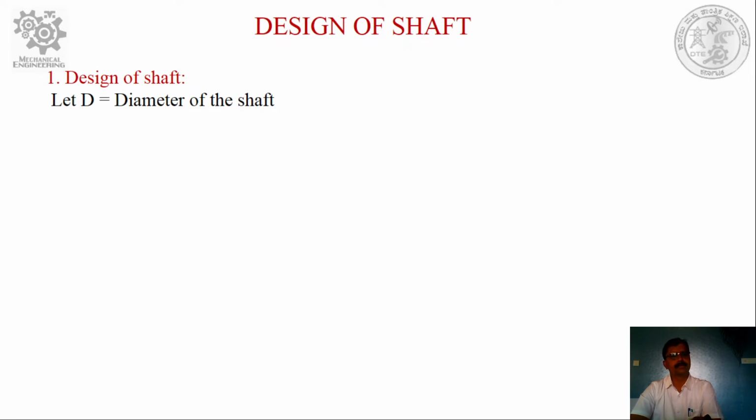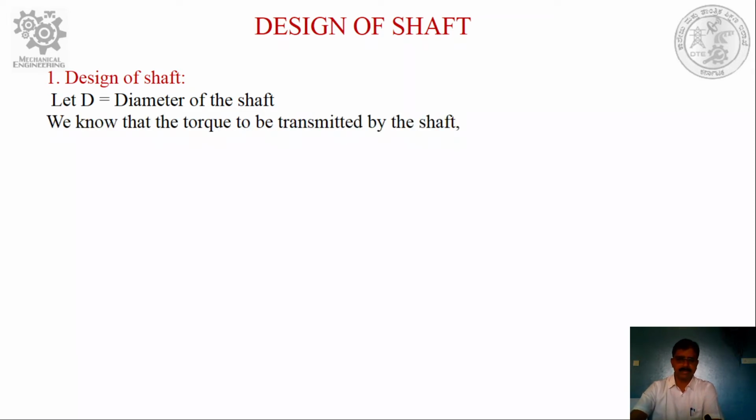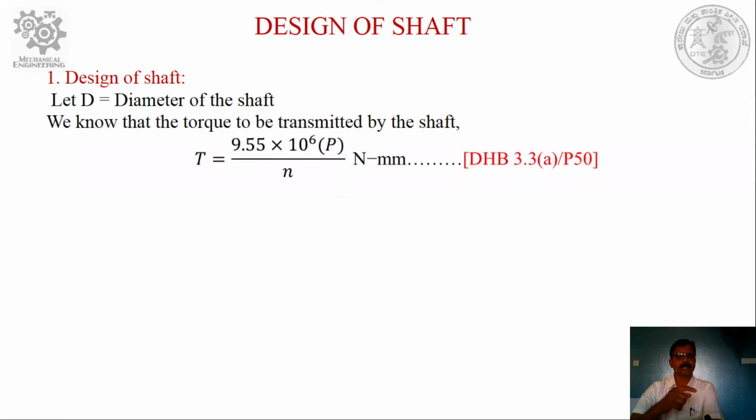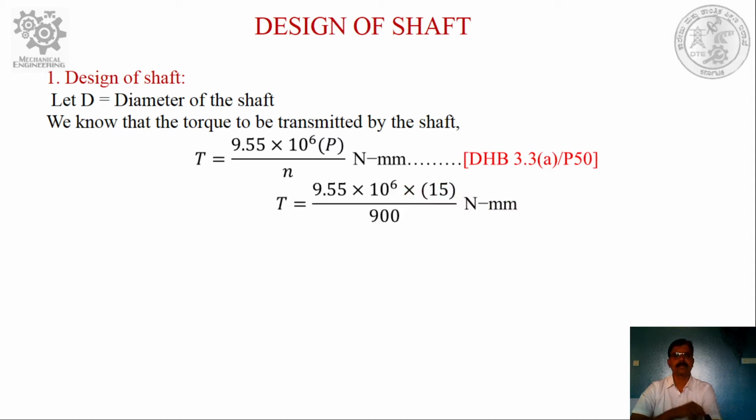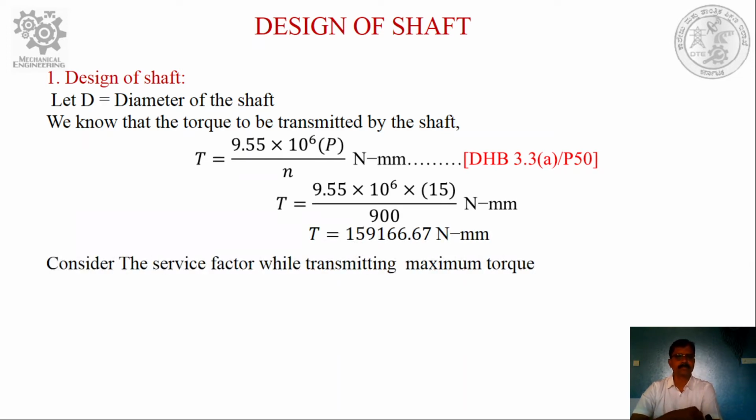Now, design of the shaft. Let D be equal to the diameter of the shaft. Before going to design the D, first calculate the mean torque. What we obtained from this equation is the average torque or the mean torque. Calculate the mean torque with the help of the given power and given RPM. Then use this to calculate the maximum torque.